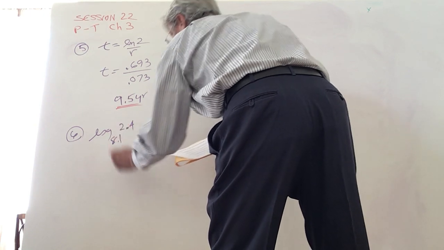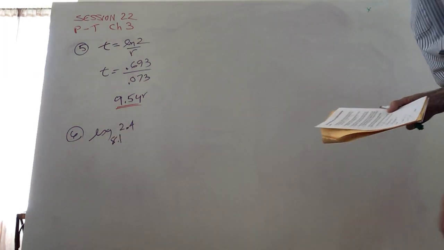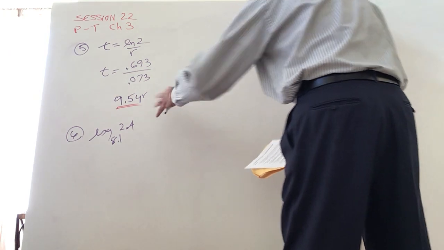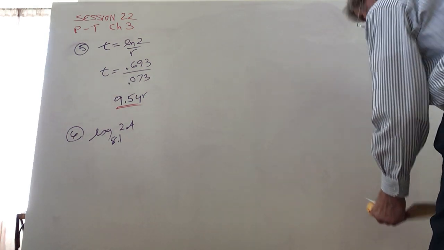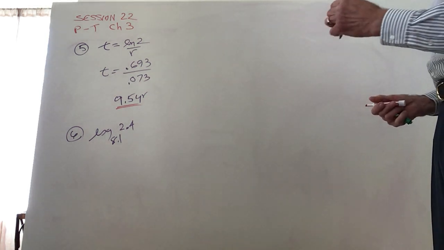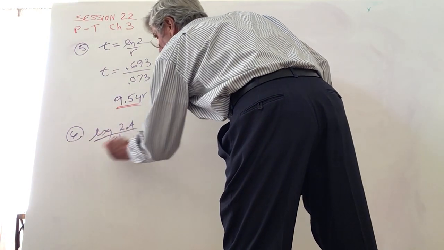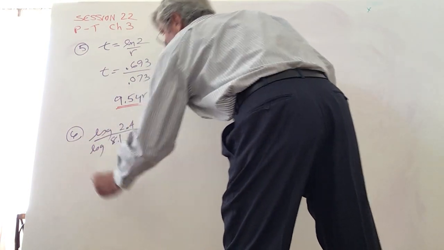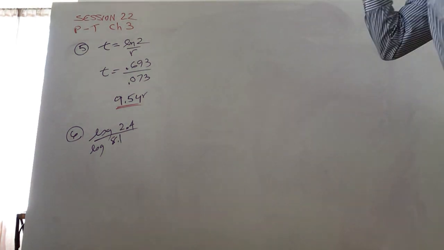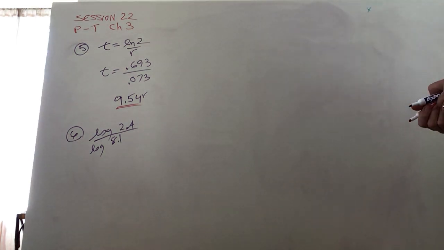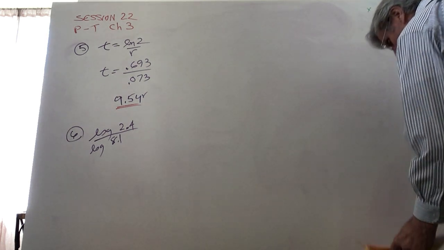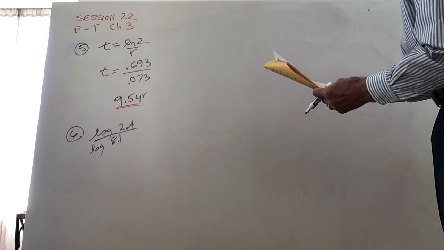I showed you in a previous video how to proceed with this, how we could set this equal to x, go back through the exponential situation, and then take the log of both sides. And basically the mechanics is that we draw a line here and use the log base 10 and find the log of 2.4 and the log of 8.1 and do the division there. So it's kind of straightforward if you know how to do that change of base routine.